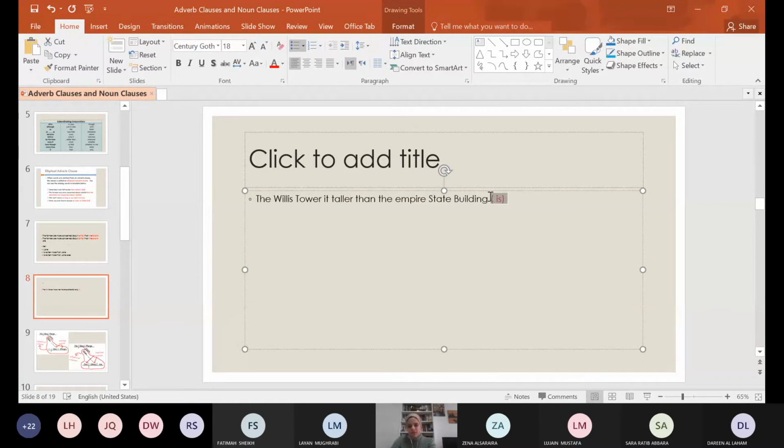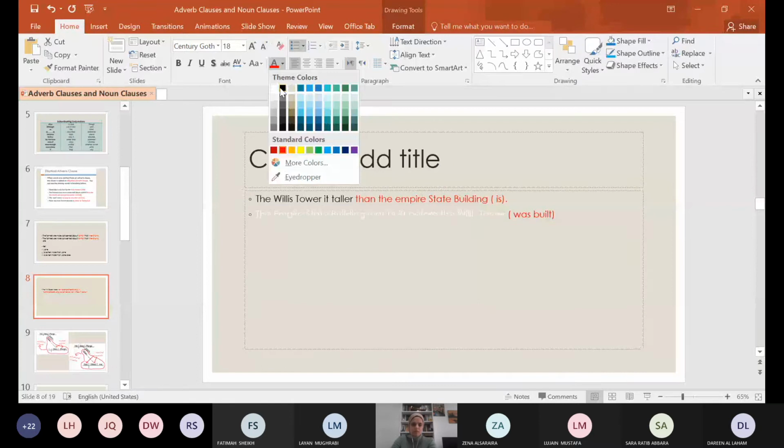I remember Noor or Najwa once asked me about that, and I said to them, I will tell you later. Here it is: the Willis Tower is taller than the Empire State Building. Adverb. Okay, another one: was built before the Willis Tower. It was what? The Willis Tower was built. Right?